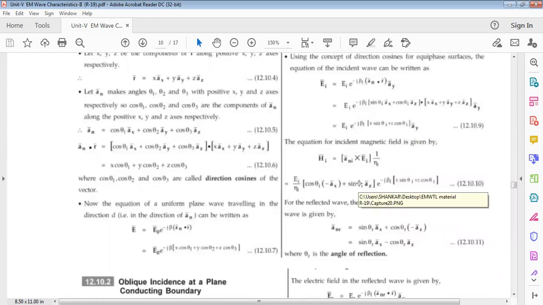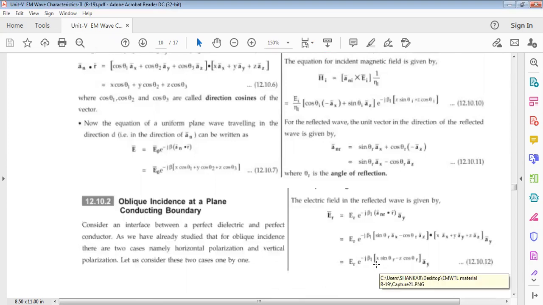Similarly, HI bar is equal to, the coefficient is the same e power minus j beta 1, and there is AN bar cross EI bar with AY only. So that function will become EI by eta 1 cos theta I AX bar minus sine theta I AZ bar. That you also get from the right angle triangle itself. Okay.